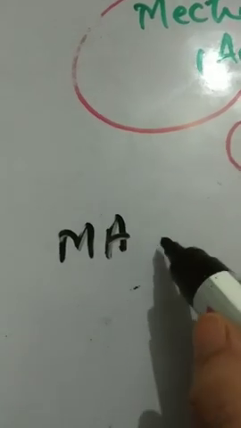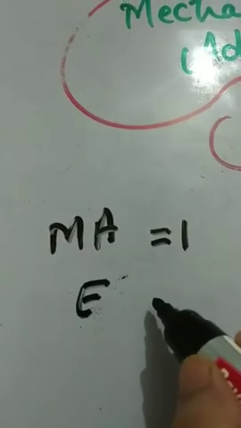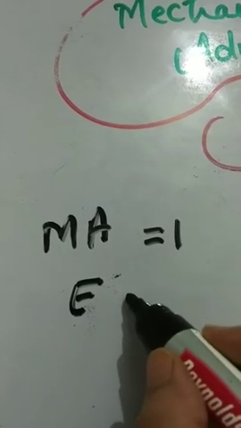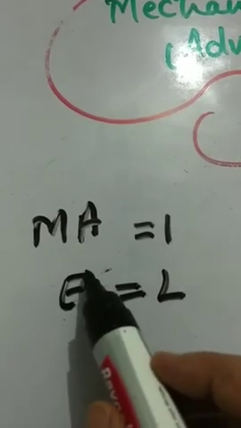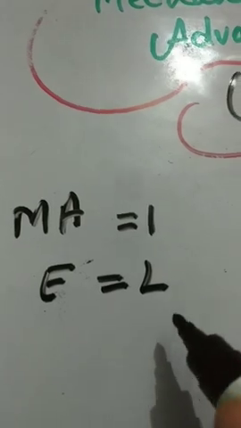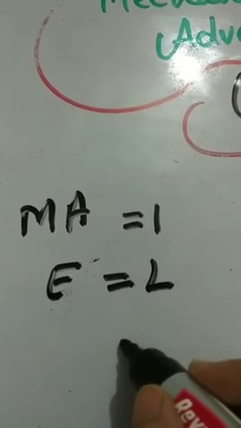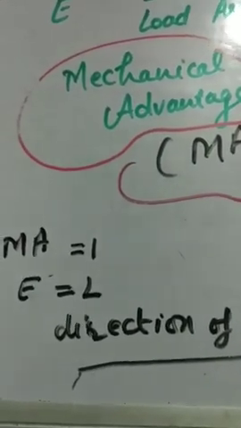If mechanical advantage is equal to 1, it means the effort needed is equal to the load. So the same effort is needed to lift the object, only the direction of force changes.